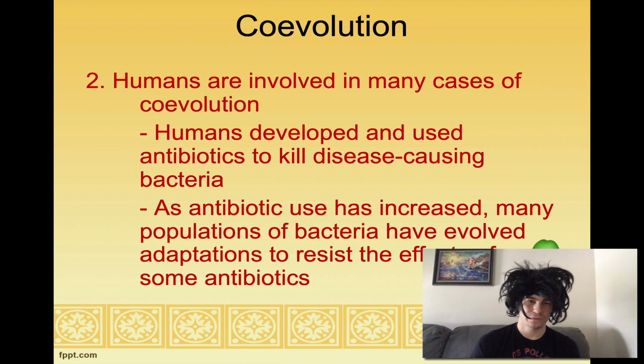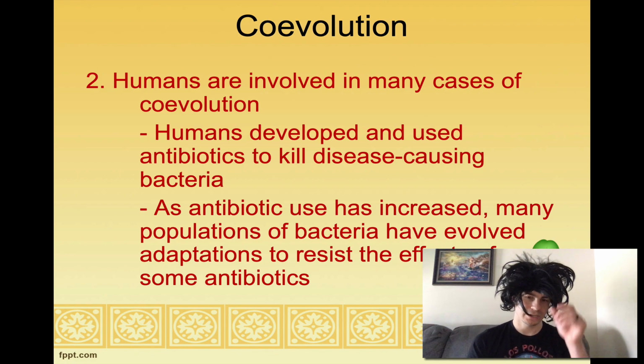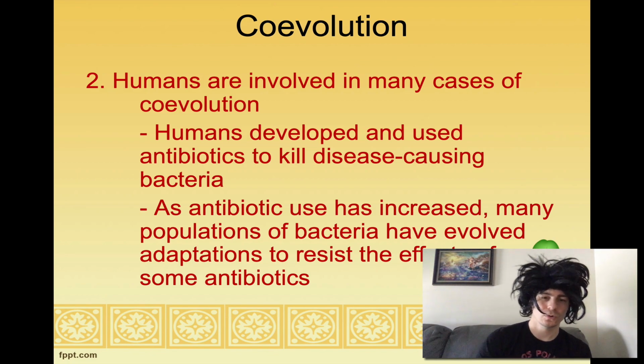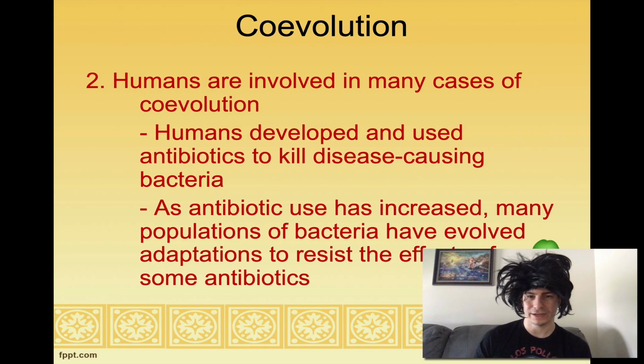Another example of coevolution, which is kind of good for us, but at the same time not good. We keep getting all these antibiotics to kill bacterial diseases. So we'll make the antibiotic, and then taking that antibiotic will treat the bacteria. Well, in treating the bacteria, some of the bacteria will actually live.